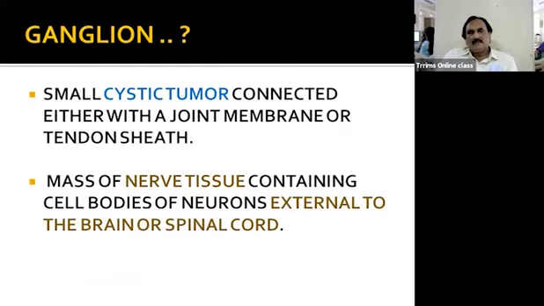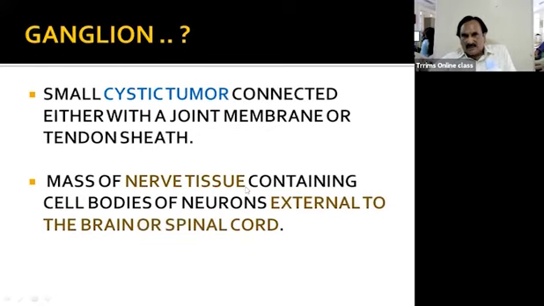And the ganglion which I have shown just now is different. A small cystic tumor connected either with the joint membrane or the tendon sheath. That is the ganglion. I'll show you the picture later.